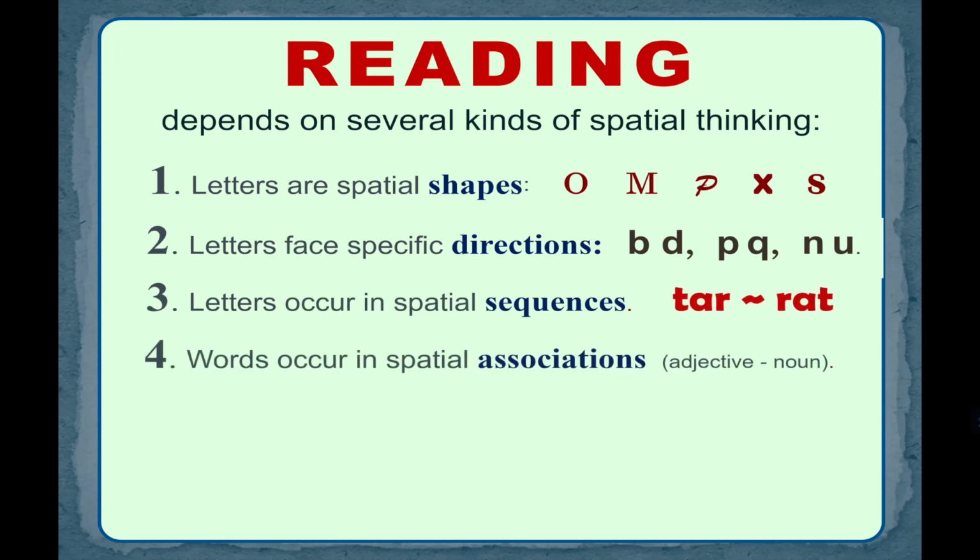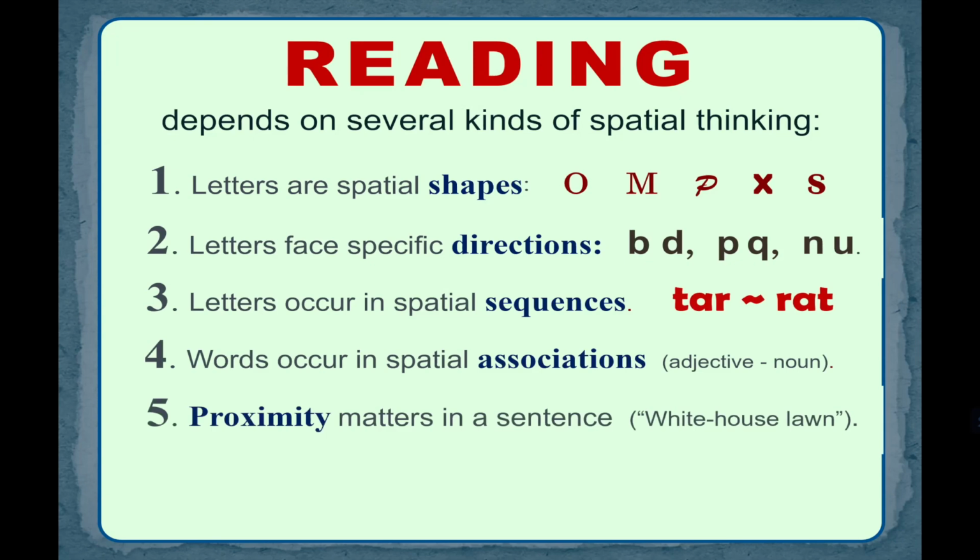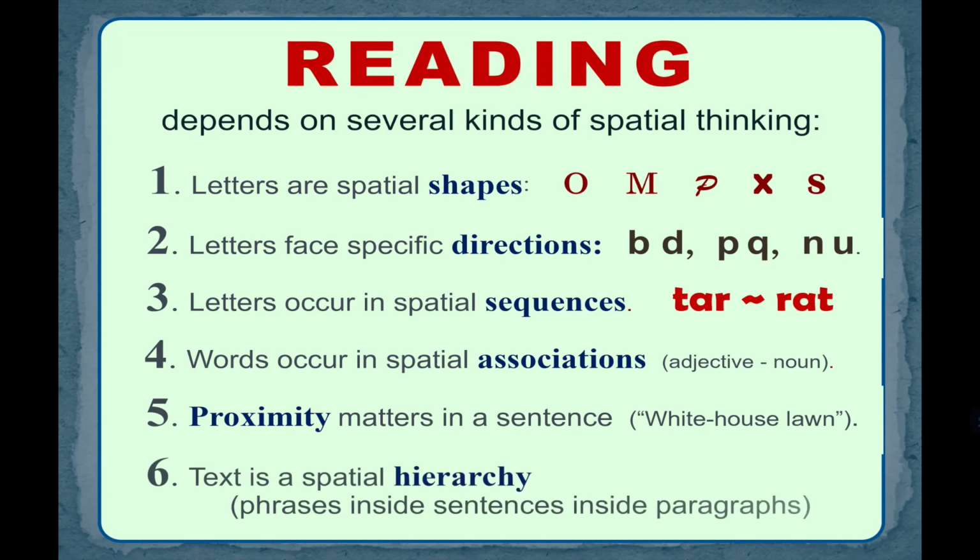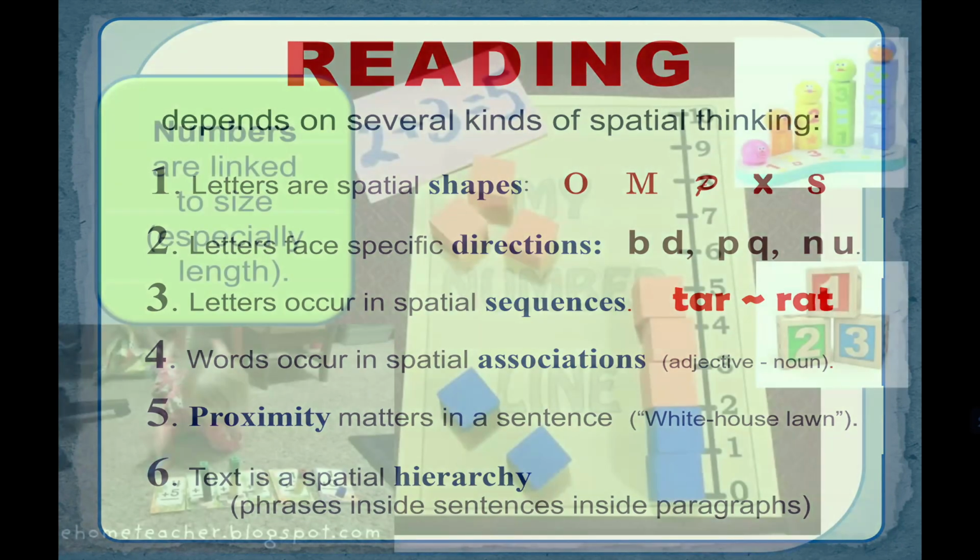They occur with spatial associations. Proximity matters. The White House lawn, it's the house that's white, not the lawn. Text is a spatial hierarchy. And all of those words that I put in bold there are processed through a different brain network. And we now know that because we've been hooking up brain scanners to kids.